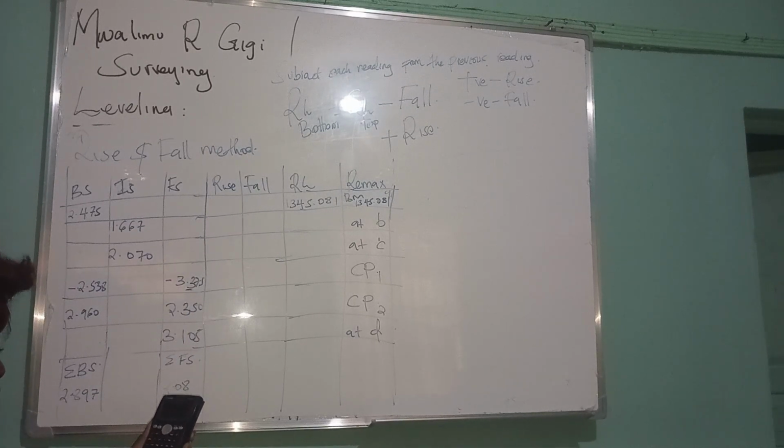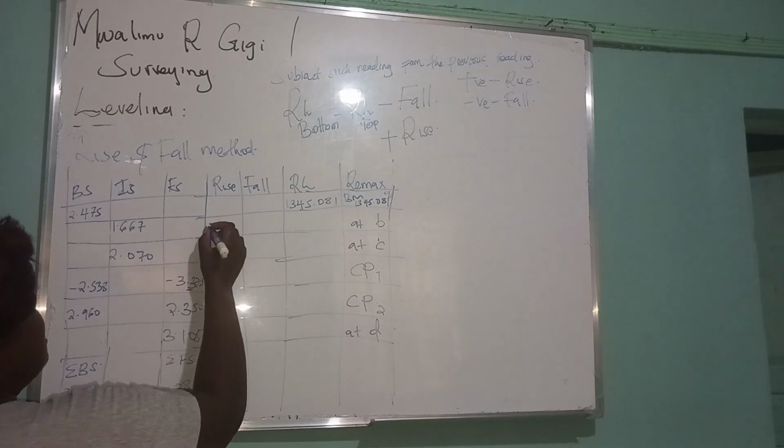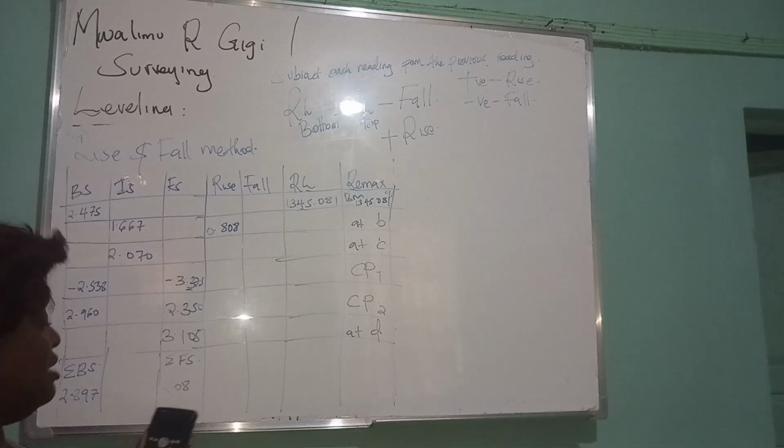So we have 2.475 minus 1.667. So it is 0.808, which is positive. So it is a rise of 0.808.